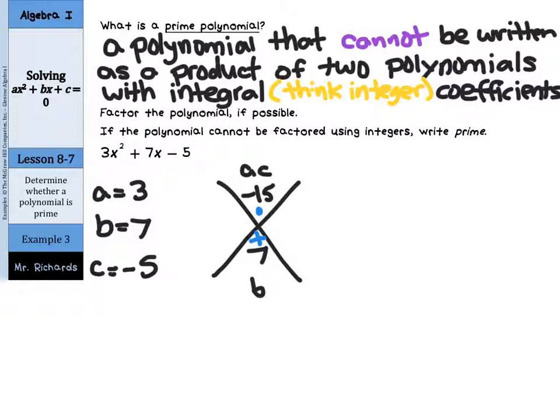So let's just start off here with 15 times negative 1. Well, that results in a sum of 14, not 7. Well, 15 we can get down to 5 times negative 3. That is negative 15, but has a sum of 2.